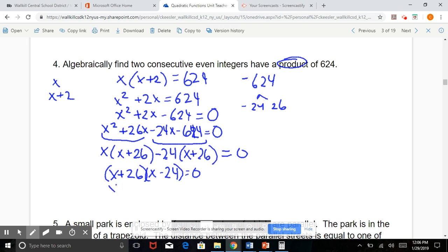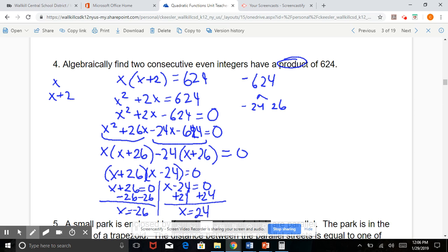Set those two both equal to 0. So x could be equal to negative 26, or x could be equal to positive 24.